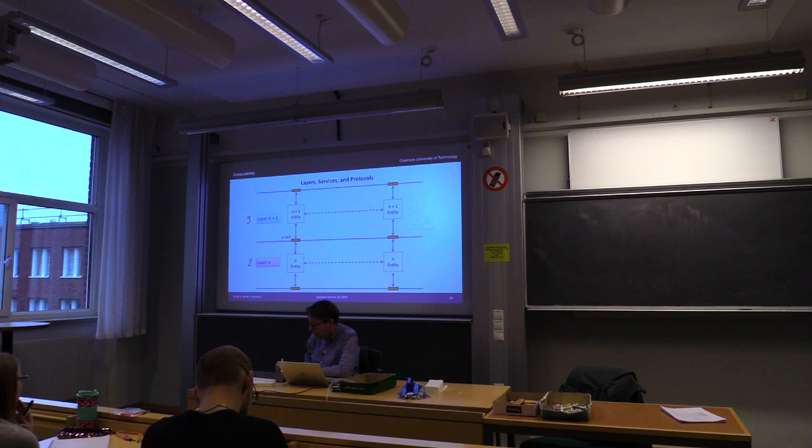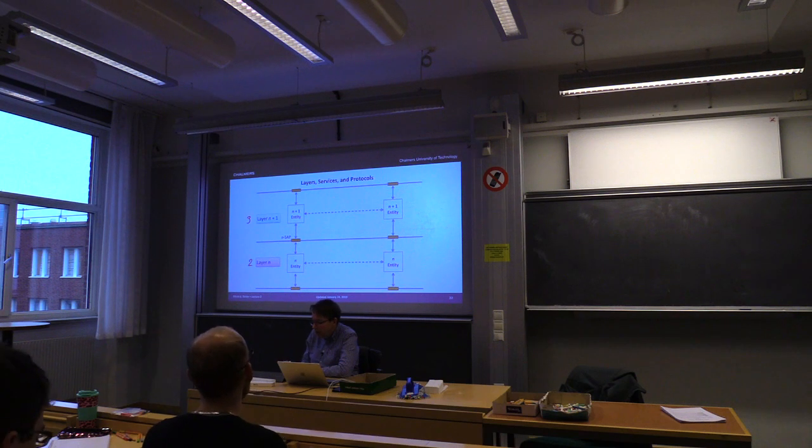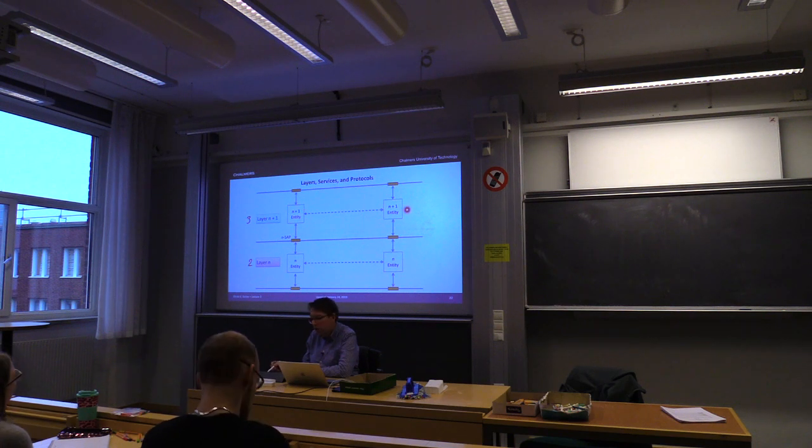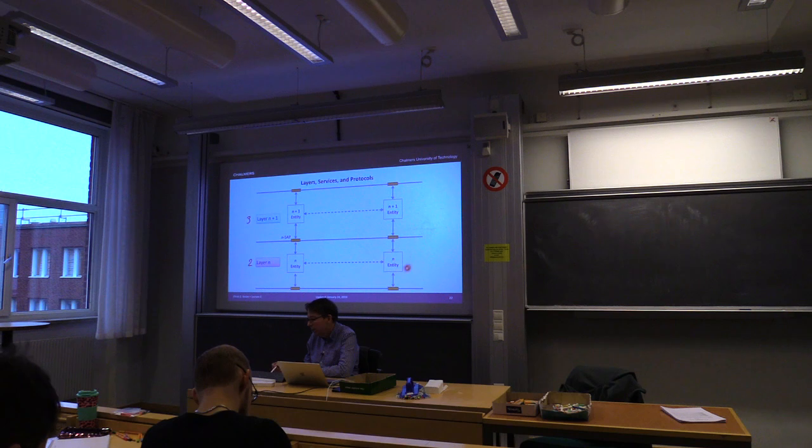In layer 3, there is software running on one node and software running on another node, and they exchange information back and forth here. This is the logical flow of information. On the layer below it, layer 2, there is another software process which is interacting with another software process on the other node, interchanging messages like this.